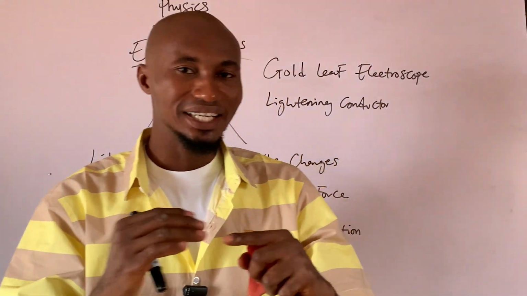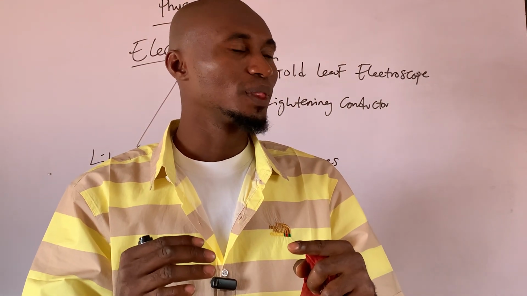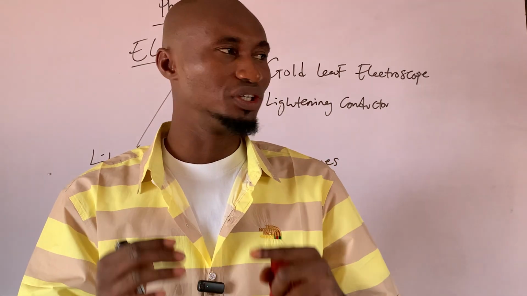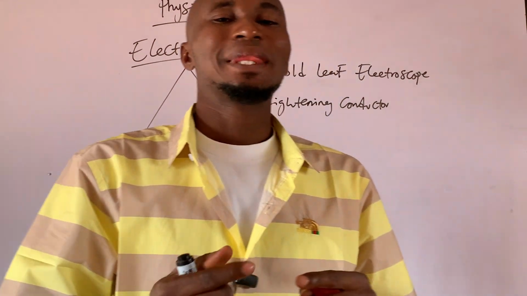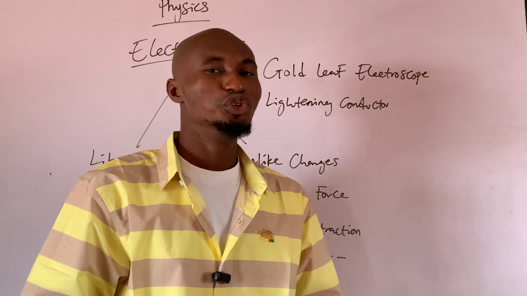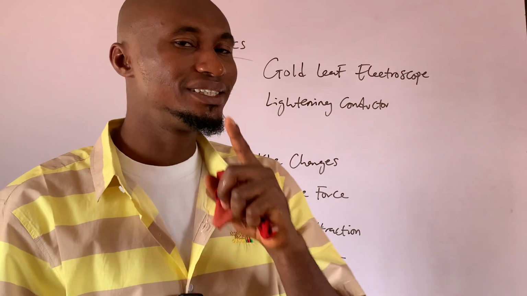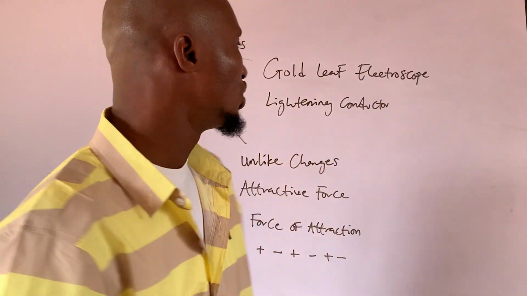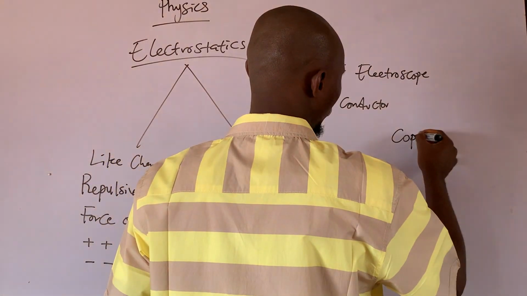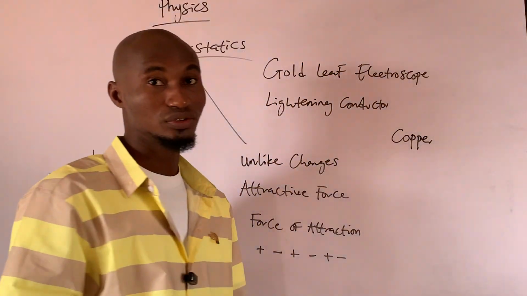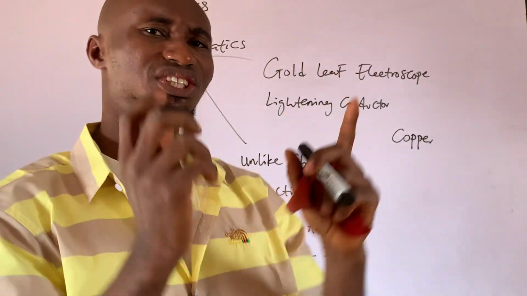The essence of that is to protect the building from lightning, from thundering. Now, there's a question under that. You may be asked, for instance, which metal is best for manufacturing lightning conductor? The answer is what? Copper. Did you understand?